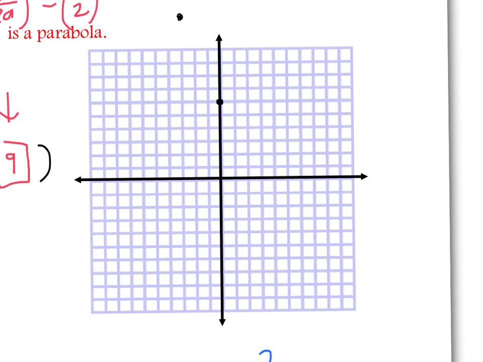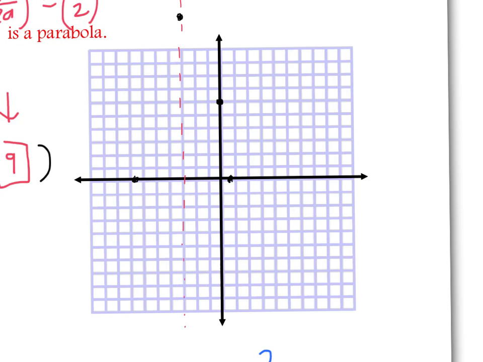We have our x-intercepts at 0.87, so almost 1. And we have our other x-intercept at negative 6.8, so almost negative 7. About here. Okay, I did forget to draw my axis of symmetry. That goes through the vertex point.